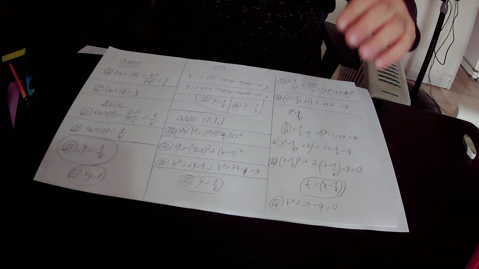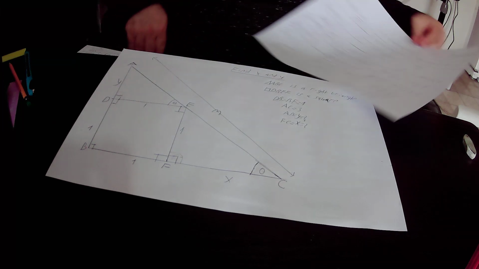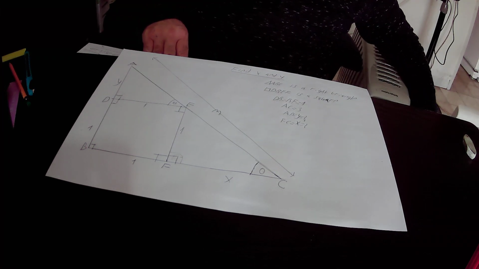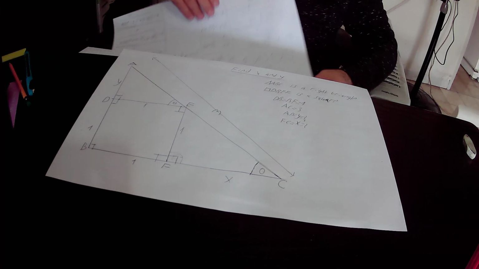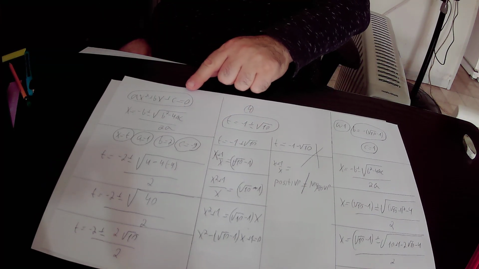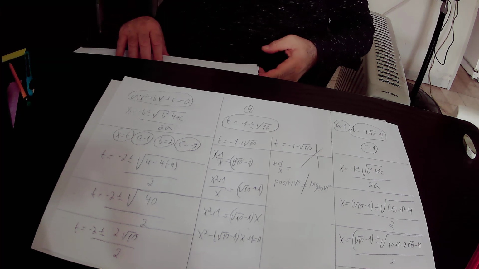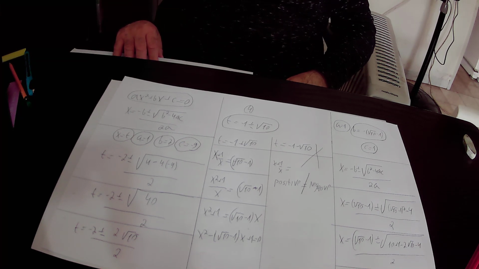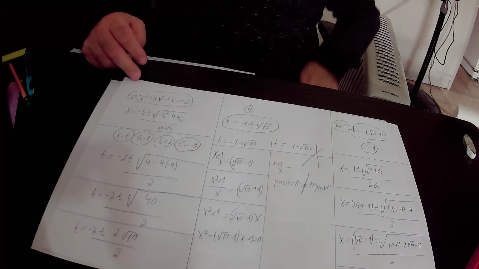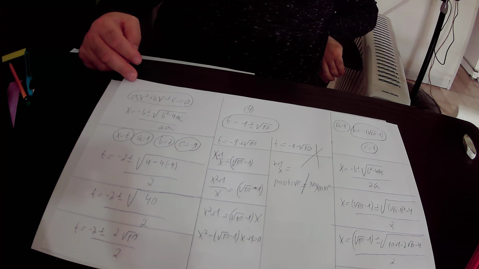So here we have a quadratic equation, and the general formula for a quadratic equation is ax squared plus bx plus c equals 0. Here a, b and c are the coefficients of the quadratic equation, and x is the variable that we are looking for, and we find the value of x according to a special formula.